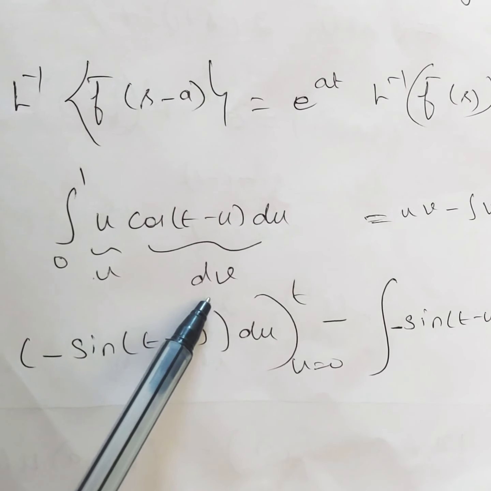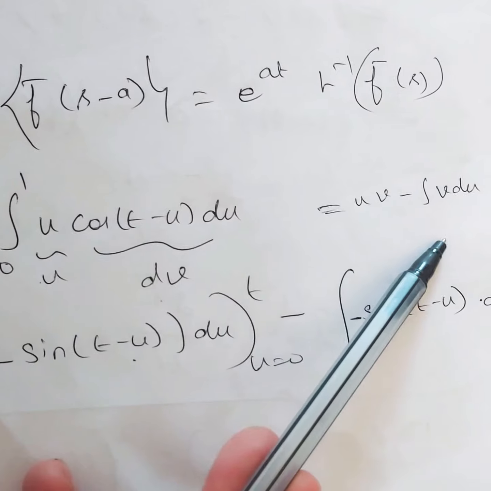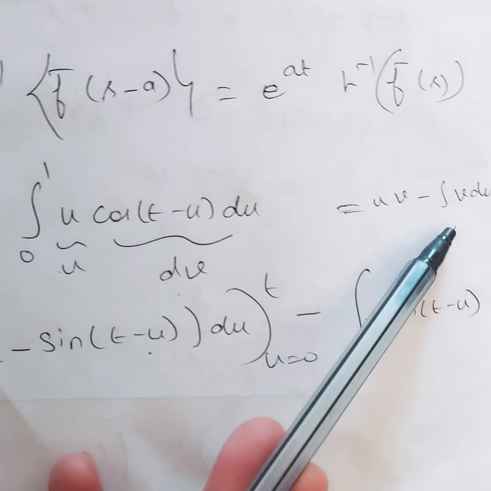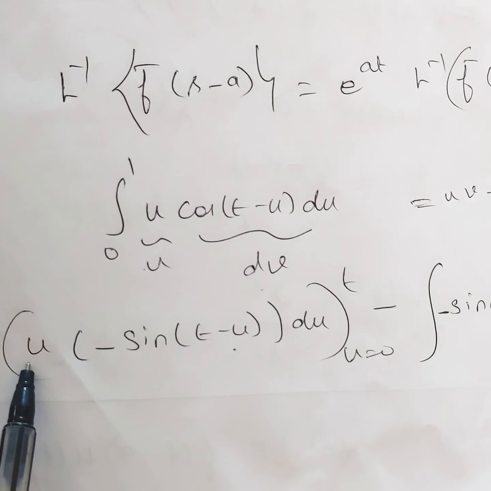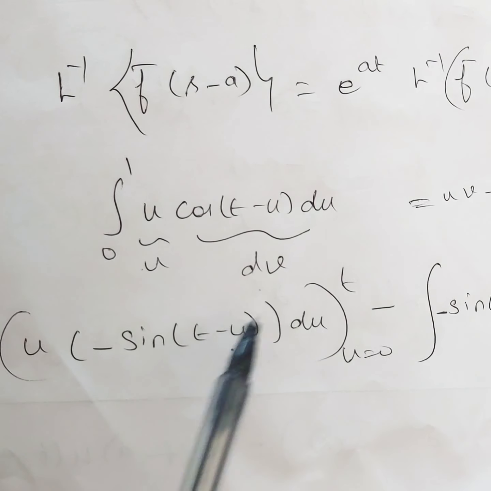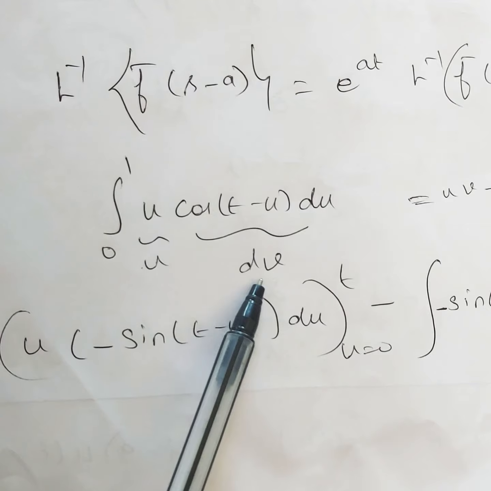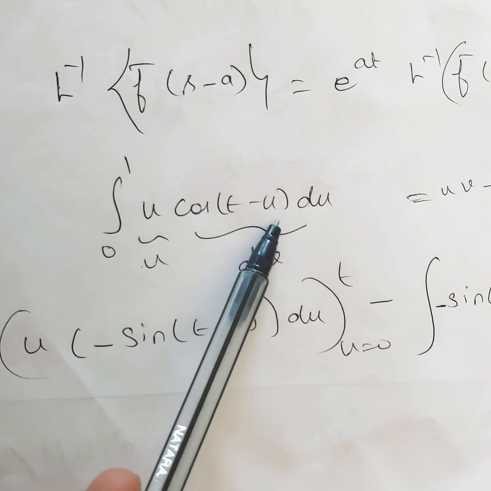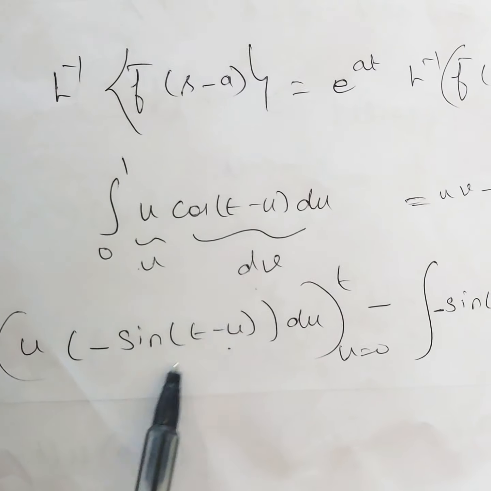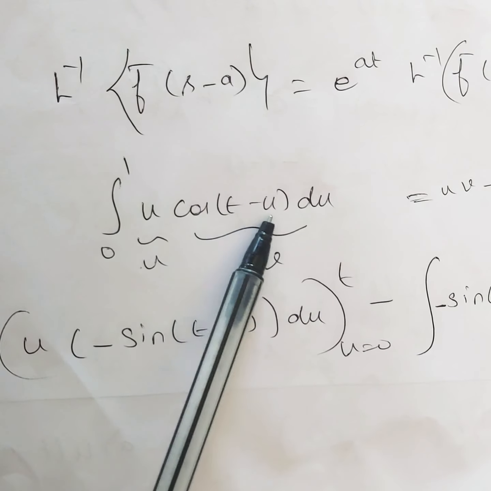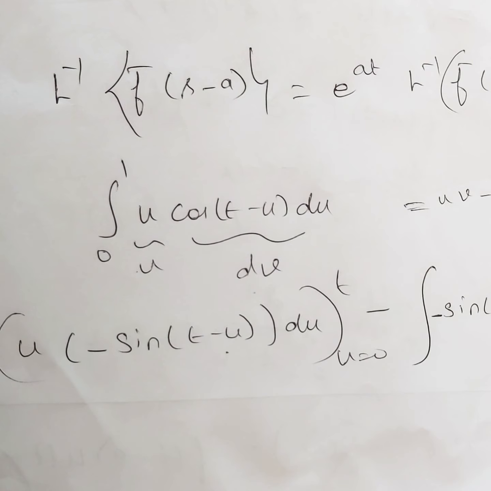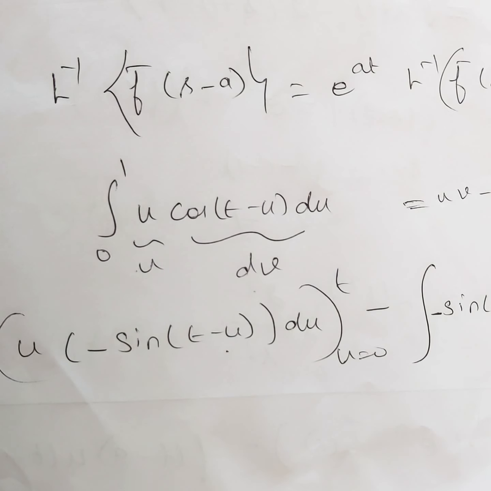What is the formula? uv minus integral v du. First I will write u as it is. Integral of dv is v. So integral of cos of t minus u is sin of t minus u, and then there is one more negative sign, because of that we got a negative sign in the beginning.